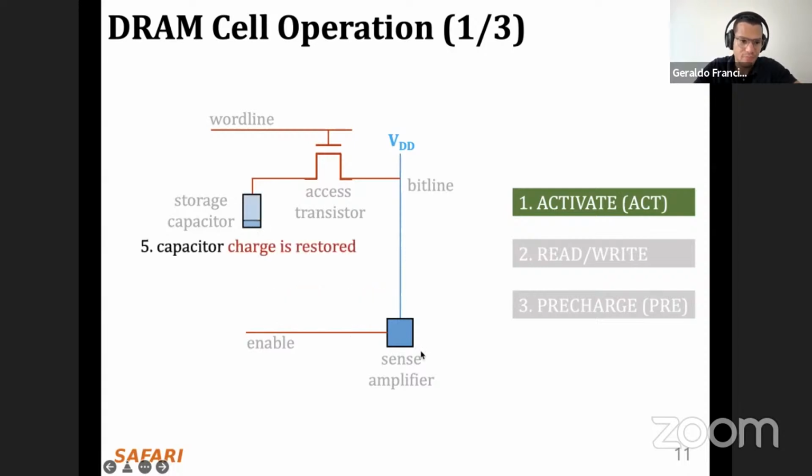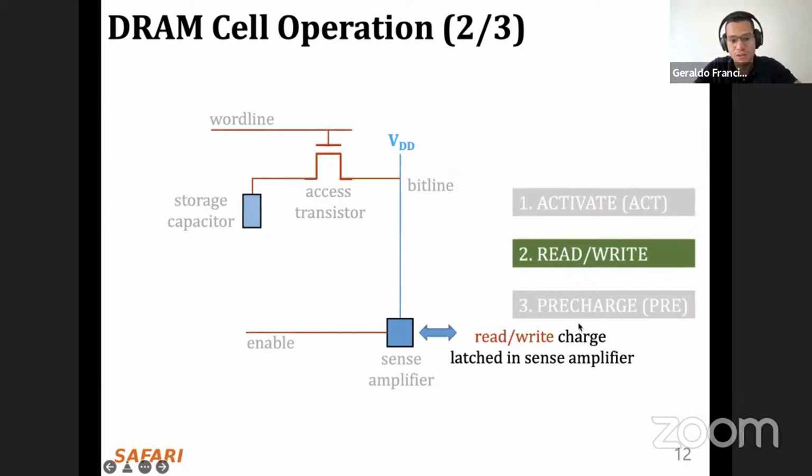After this sensing, the charge level in the storage capacitor is restored to its initial state. And now the memory controller can start sending read and write commands to read the data that was latched in the sense amplifier.